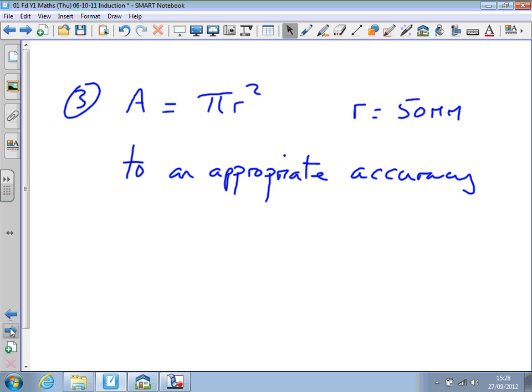Right, well, we did something like this morning, so hopefully in your calculator you entered pi times 50 squared to get... say again your answer, pi times 50 squared? 7.85.